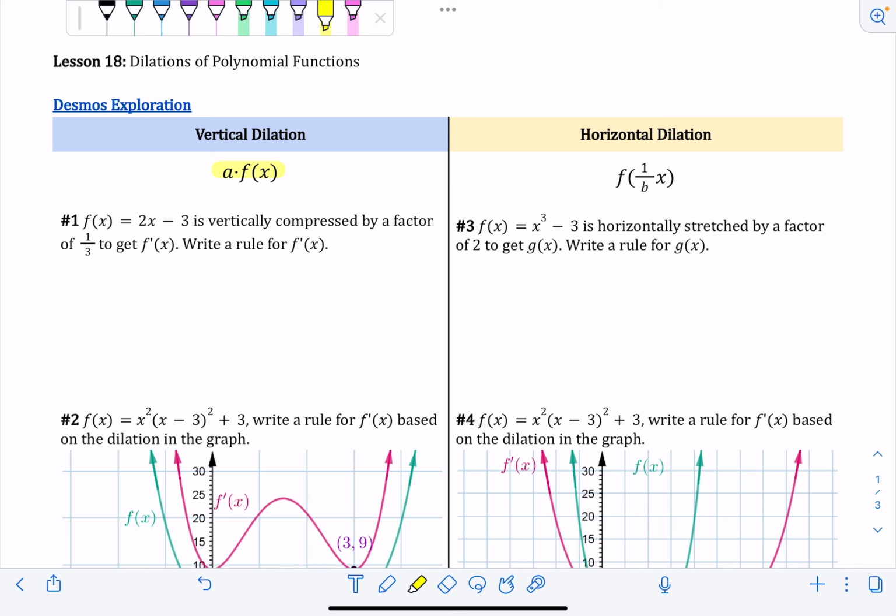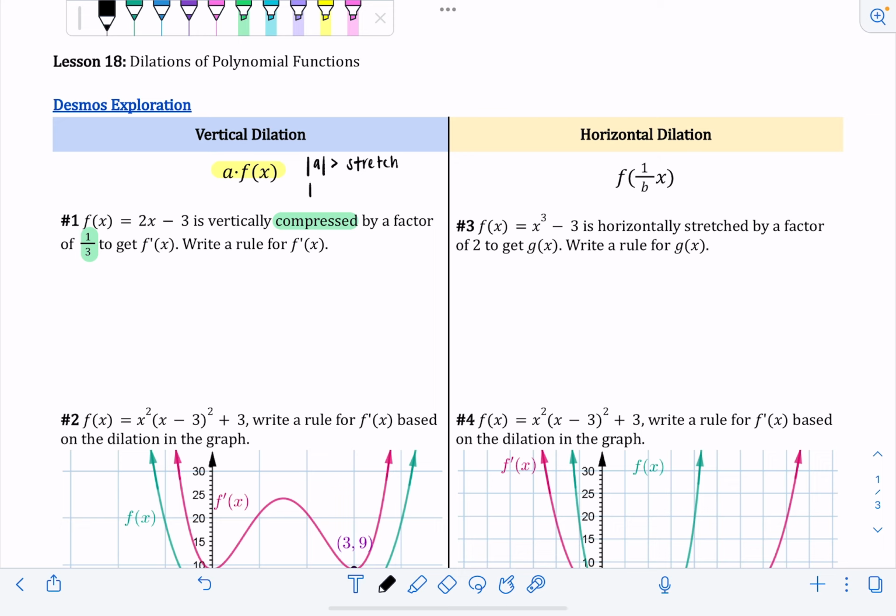So if we're writing a rule, we don't really need to worry about how it says compression. Whether it's compressed or stretched has to do with what the factor is. So if it's vertical, we're using the a as our factor. So we would say the absolute value of a, if that's greater than 1, it's a stretch.